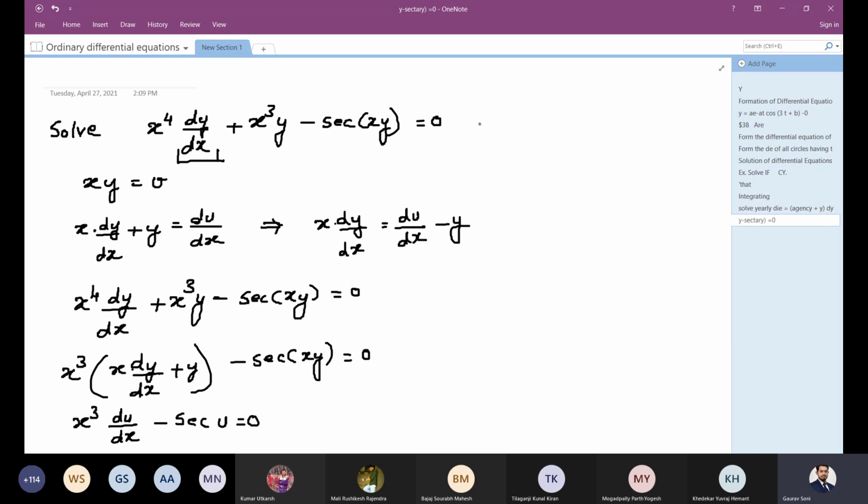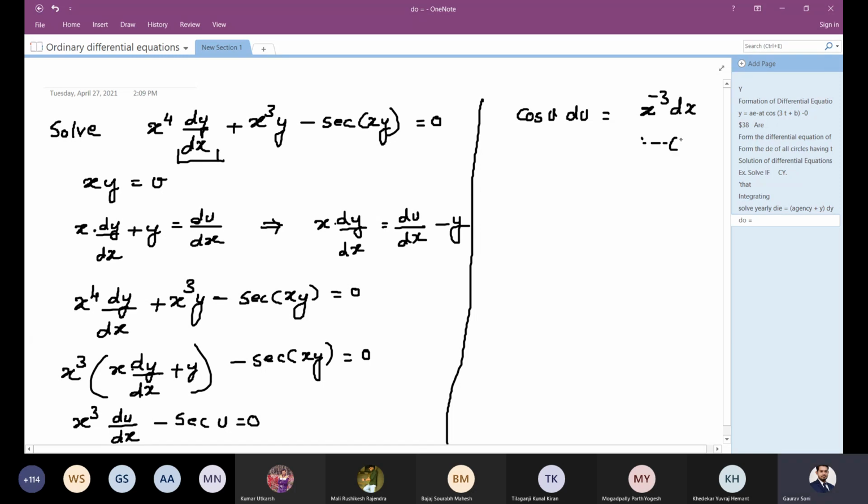Now we can make the variables separate, and what I will get is 1 upon sec u, which is nothing but cos u, du is equal to x raised to minus 3 dx.